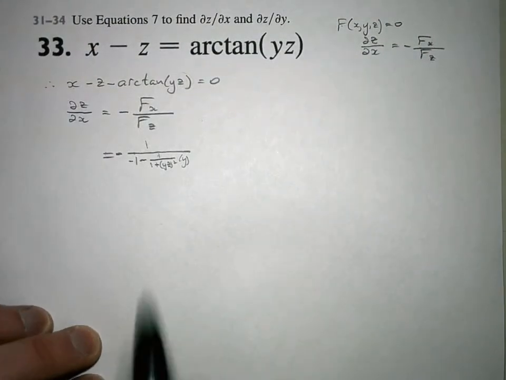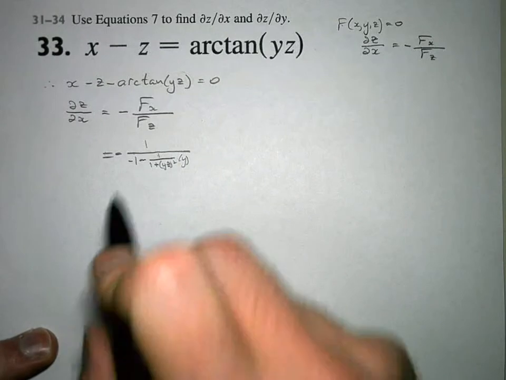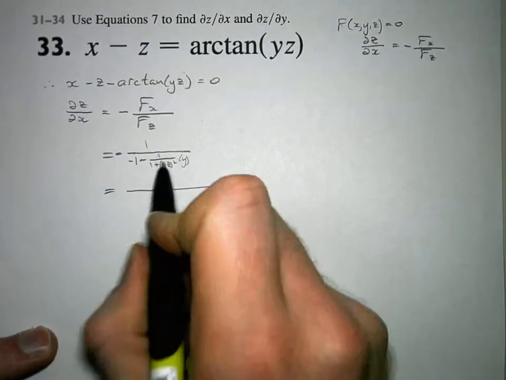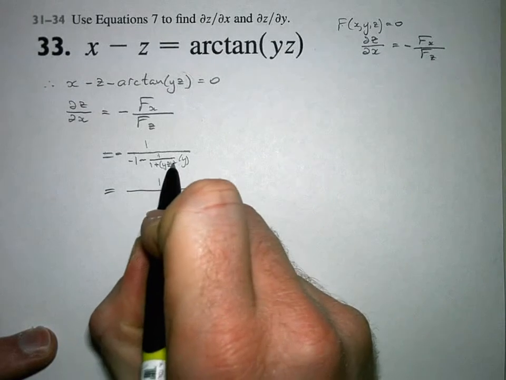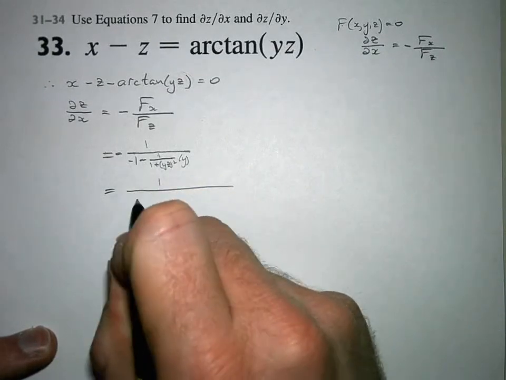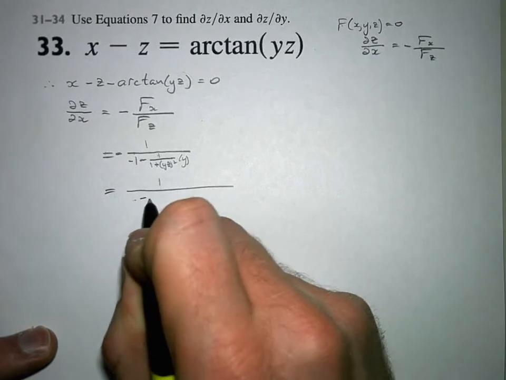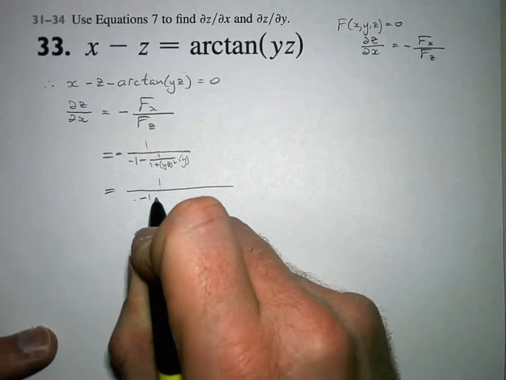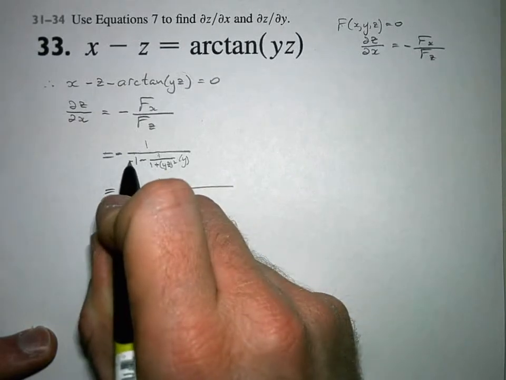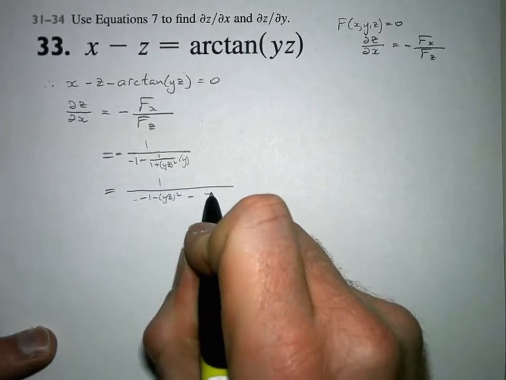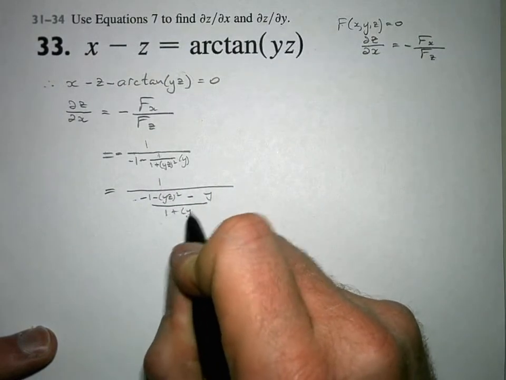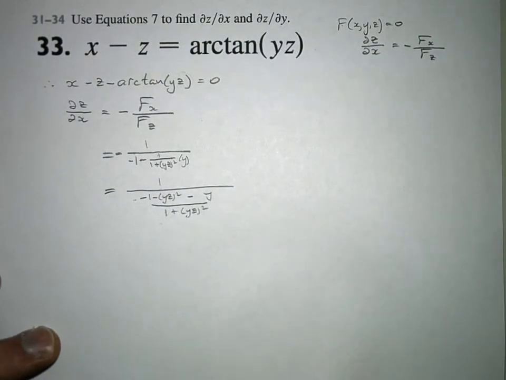We do need to do a little bit of simplification here. We've got a fraction over there. We can rewrite this as 1 divided by, let's multiply through by 1 plus yz squared. So we're going to get minus 1 minus yz squared, that's when we multiply by there, minus that y, all divided by 1 plus yz squared.